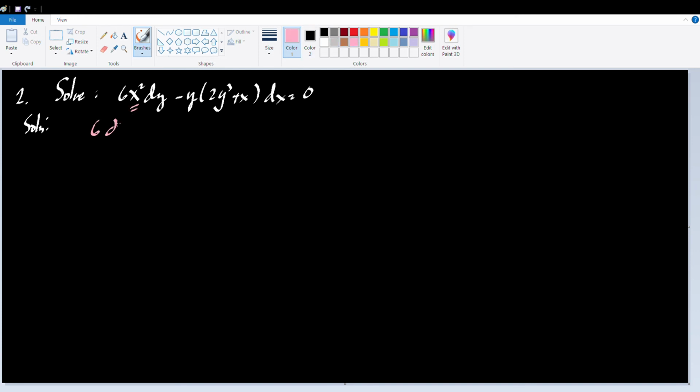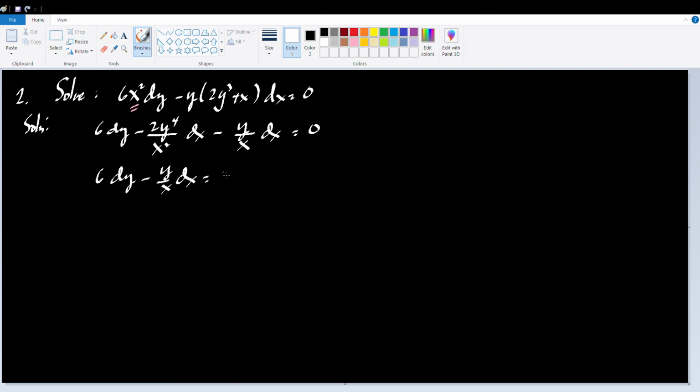So 6 dy minus 2y to the fourth over x squared dx minus 6xy over x squared, or just y over x dx equal to 0, or 6 dy minus y over x dx equal to 2y to the fourth over x squared dx.